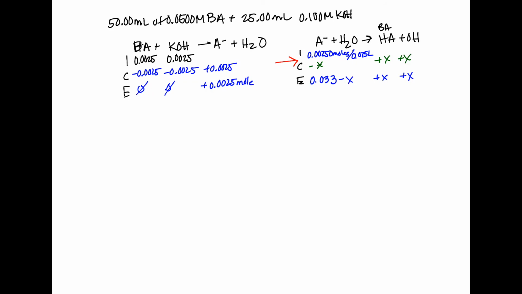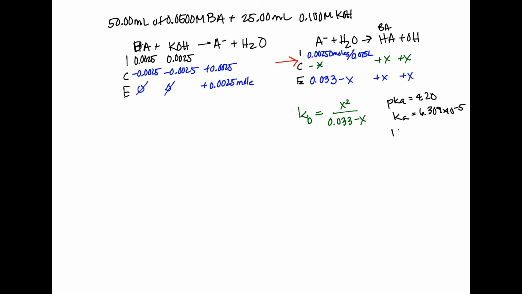Now this is a reaction for a base, so we're going to set this equal to the Kb. It's going to be the products divided by the reactants. And to be able to solve that, we need to know what the Kb is. Now the problem didn't specifically give us the Kb, but it did give us the pKa, which is 4.20. We used that to find the Ka, which was 6.309 times 10 to the negative fifth.